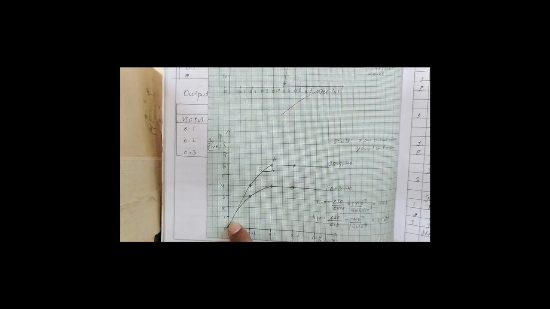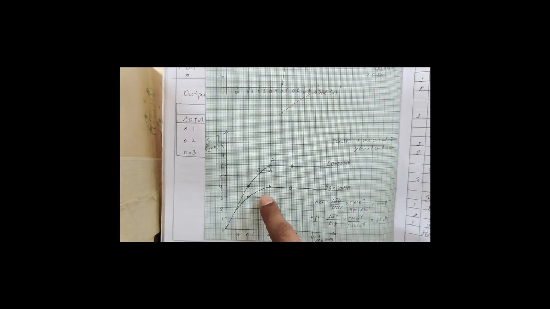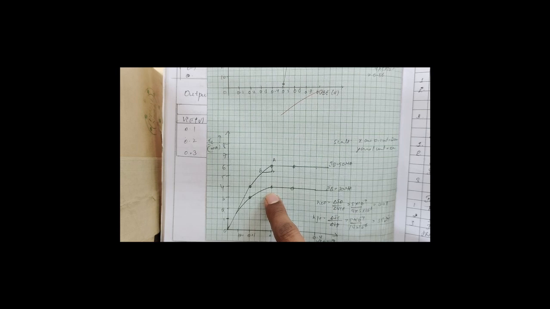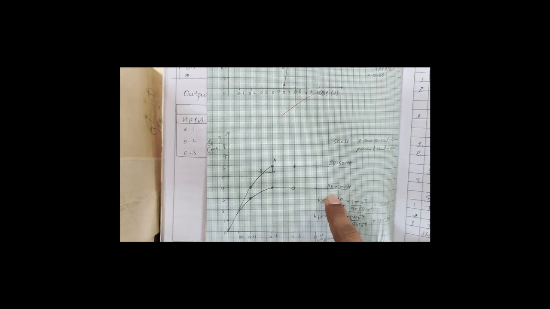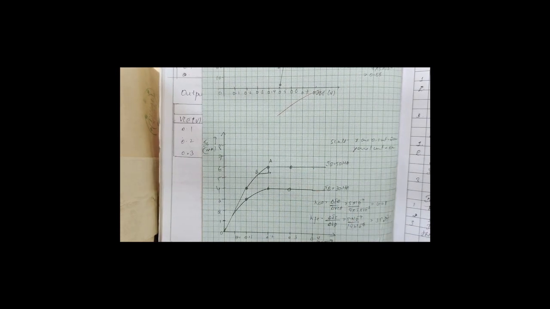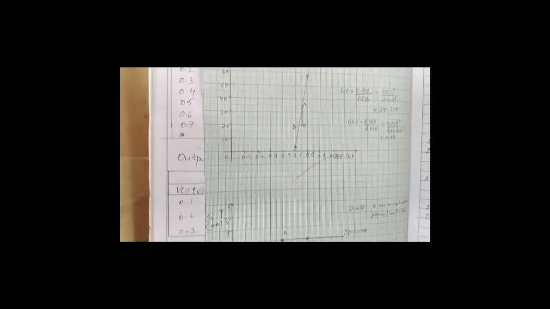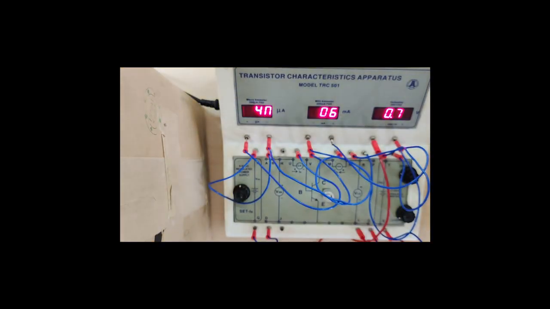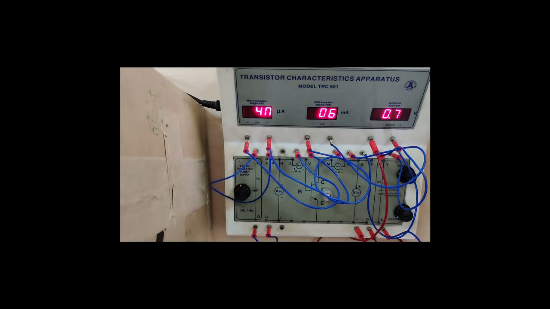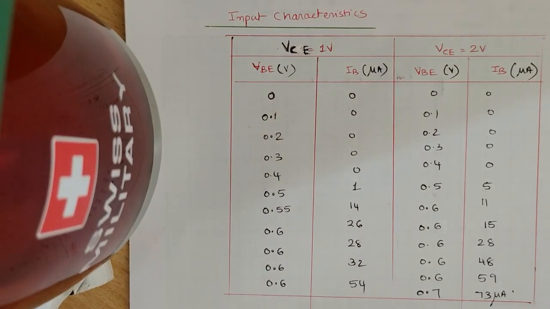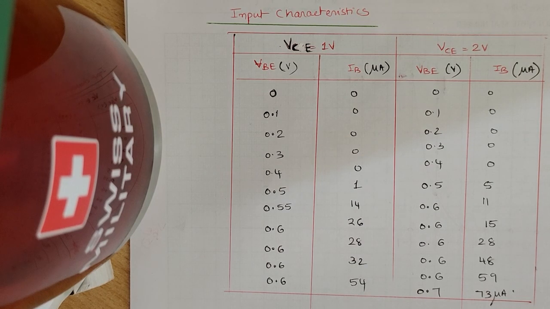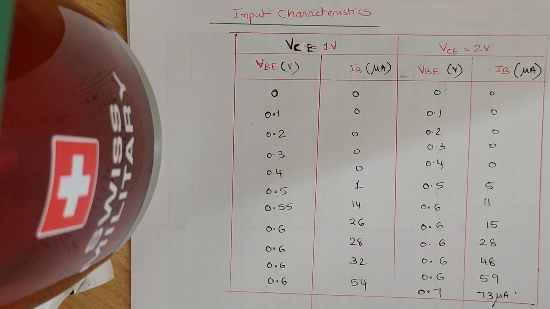As you can see, initially there will be a linear rise in collector current, and then the collector current gets saturated to some value. So we will meet in the theory class. These are the readings for input characteristics and output characteristics.